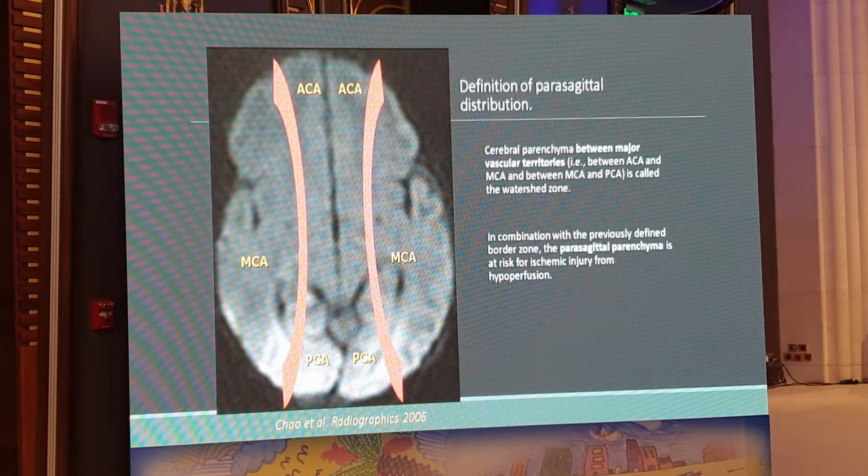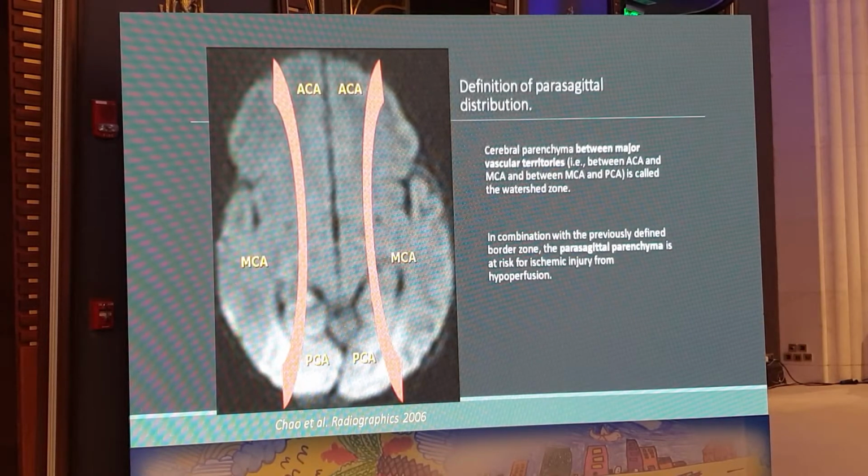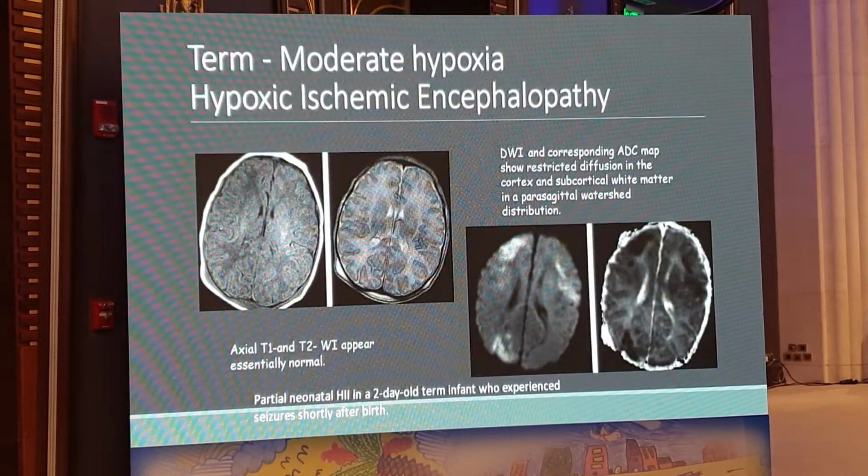The watershed area in the term will be around the distribution of the major arteries, I mean between ACA and MCA, or between MCA and PCA, and along the parasagittal region. So that's a term newborn who suffered from moderate hypoxia.